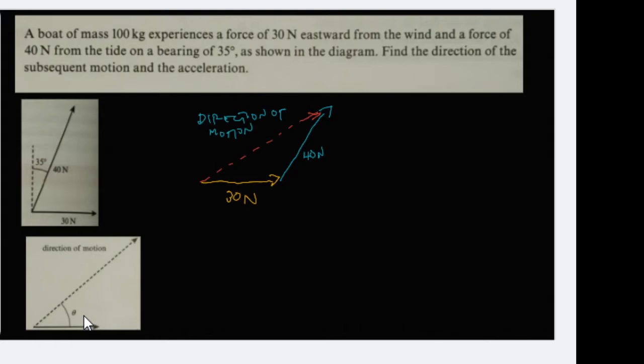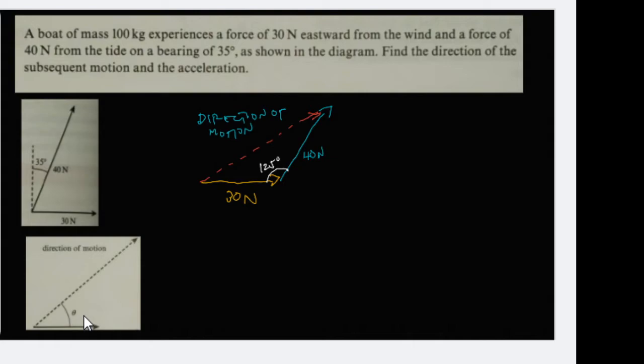And this obtuse angle will be 90 plus the 35 degrees in here. So that's why this angle will be 90 and 35. This will become 125 degrees. Okay, that will be your 125 degrees.